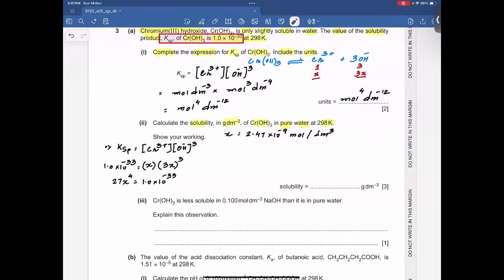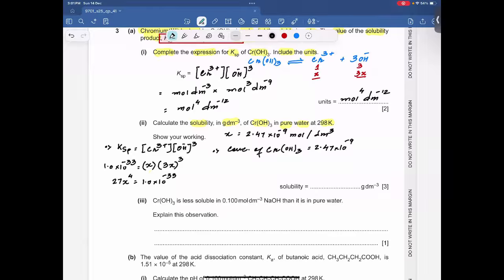You know, chromium 3 ions and chromium hydroxide has 1:1 ratio according to the equation. So if the concentration of chromium 3 ions is 2.47 into 10 to the power minus 9, it's going to be the same concentration of chromium hydroxide also: 2.47 into 10 to the power minus 9 mole per dm cube.